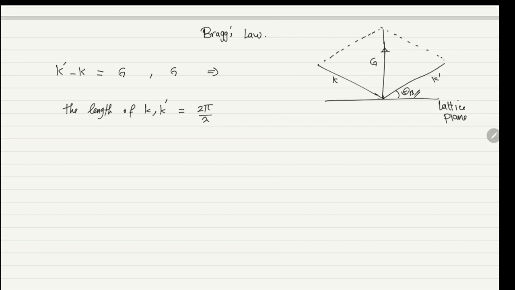Therefore, G here is equal to 2k sine theta b, or equal to 4 pi over lambda sine theta b.